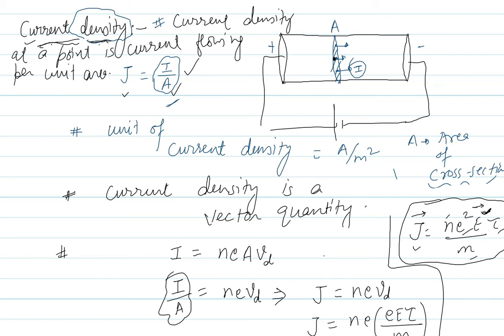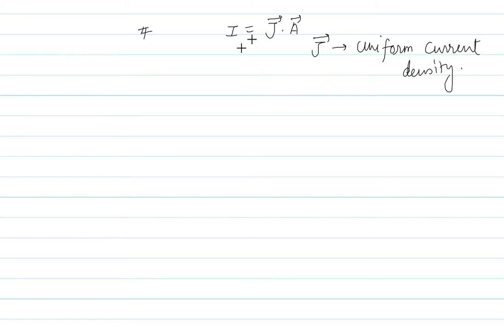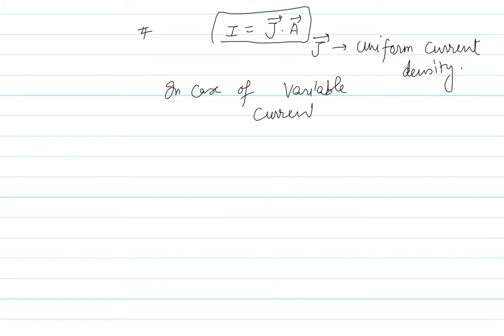So if you want to write current in terms of current density, then we write current as J dot A. This expression is written in case of uniform current density. While in case of variable current density, we introduce I as the integral of J dot dA, right?